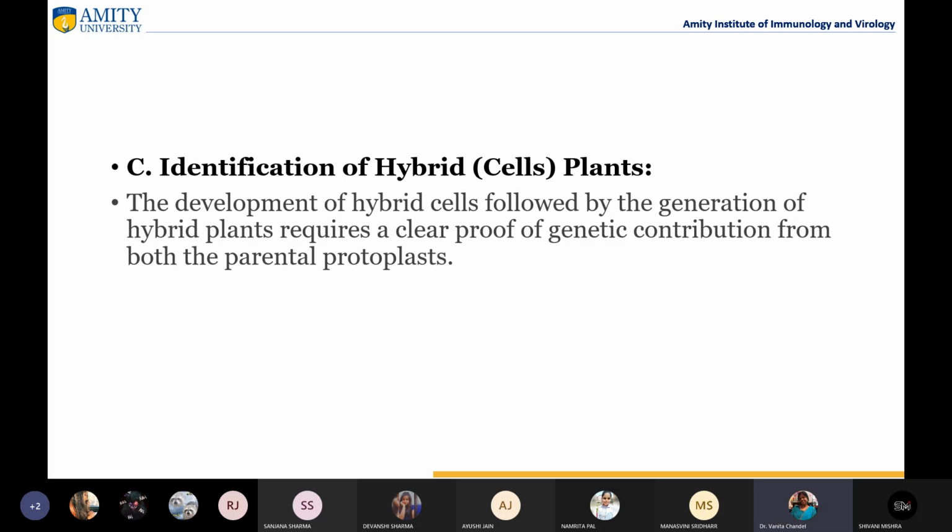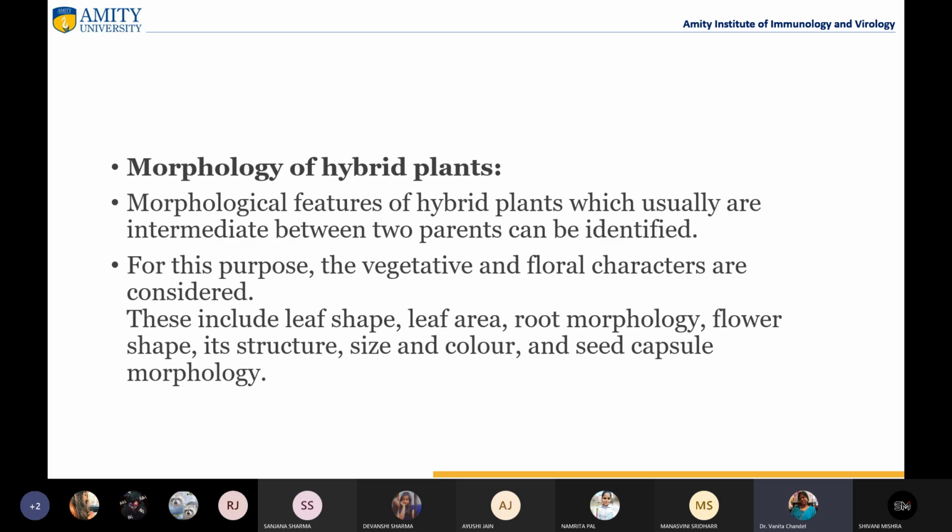Then there is identification of hybrid plants. So development of hybrid cells followed by generation of hybrid plant requires clear proof of genetic contribution from both the parental protoplasts. We will also see how we'll know that this plant has the genetic contribution from both the parental protoplasts, not only from the single one. So first is the morphology of the hybrid plants that we are going to see.